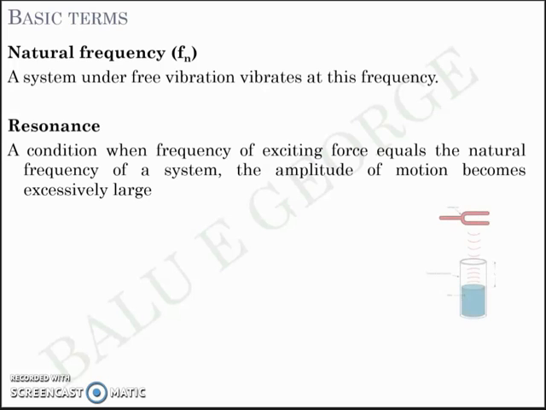You might have done this experiment in your physics laboratory for your +2 higher secondary syllabus, a tuning fork kind of mechanism, right? So what you were interested in was the resonance. You had moved the tuning fork up and down to see where there's a howling noise. So this is a resonance. That's a condition when the frequency of the exciting force equals the natural frequency of the system.